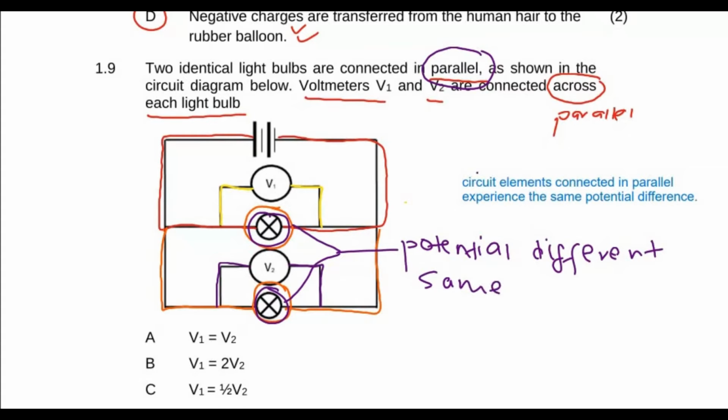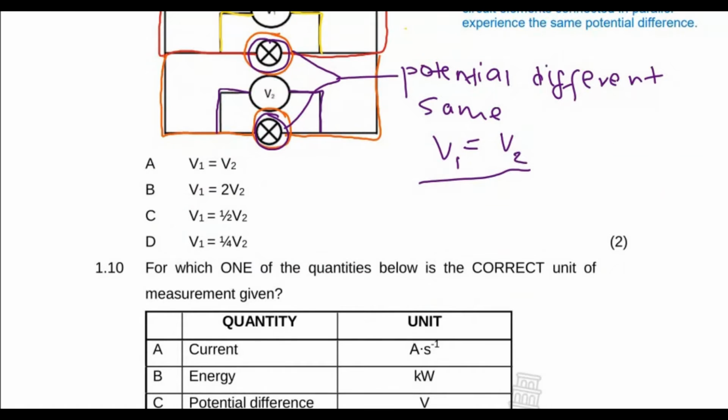So what does that tell you? It means that voltmeter V1 will measure the same potential difference as voltmeter V2. So that's why they will be the same. If we look at our options, which option says V1 equals V2? Lucky for us, it is just option A, V1 equals V2. That's how you get your 2 marks.